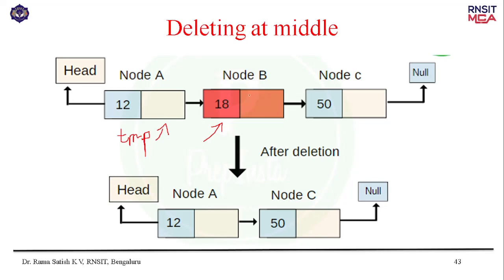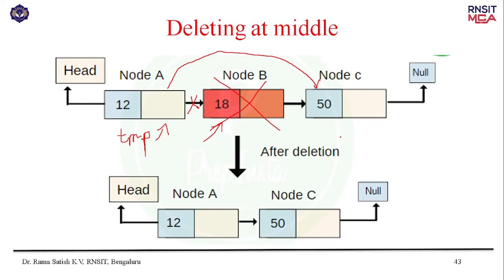When it is 18, you have to move the previous link of this to the next link, and you have to delete this node. That means you have to free this node. So this is how you have to do the operation. So you have to delete the node.